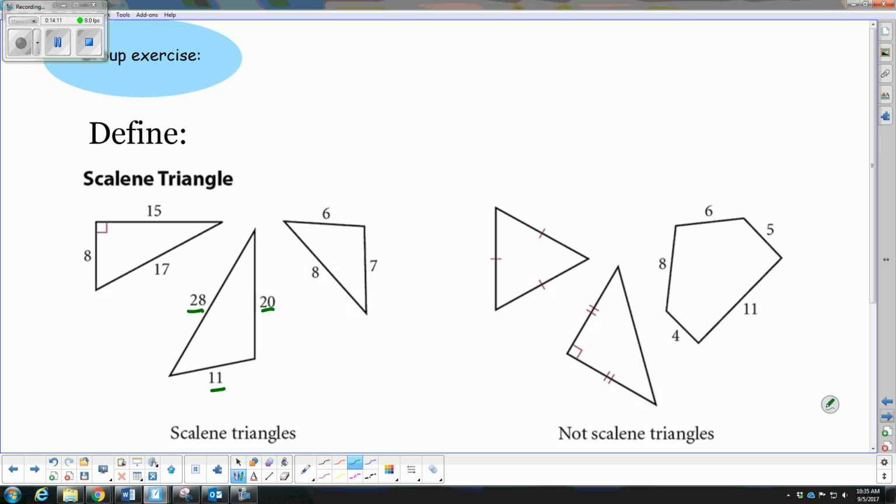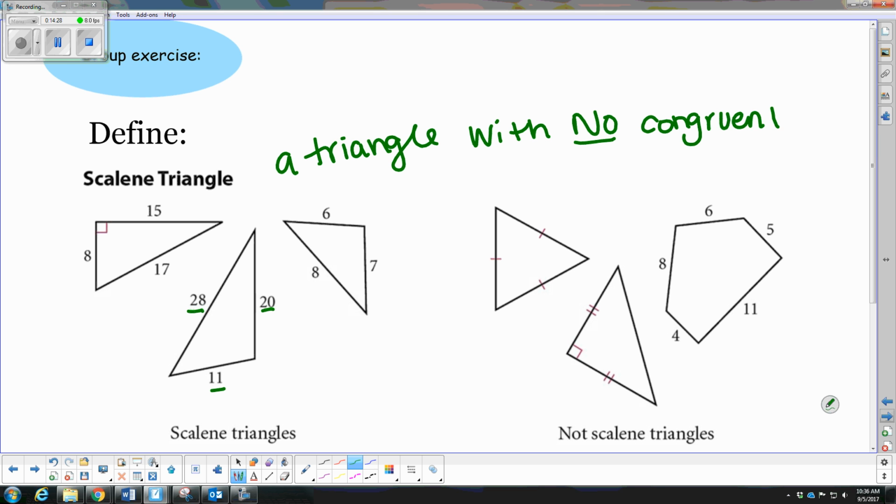A scalene triangle is a triangle with no congruent sides. All sides of the scalene triangle have different lengths.